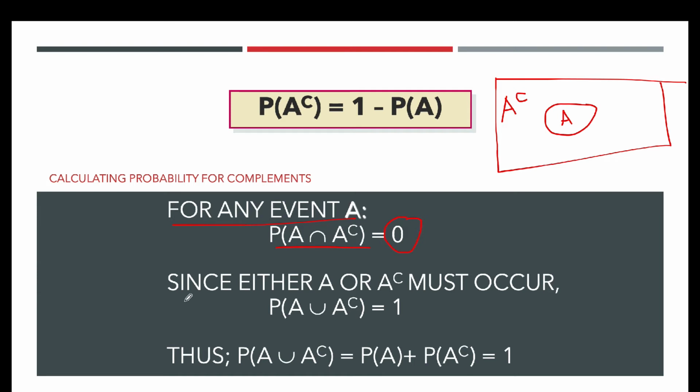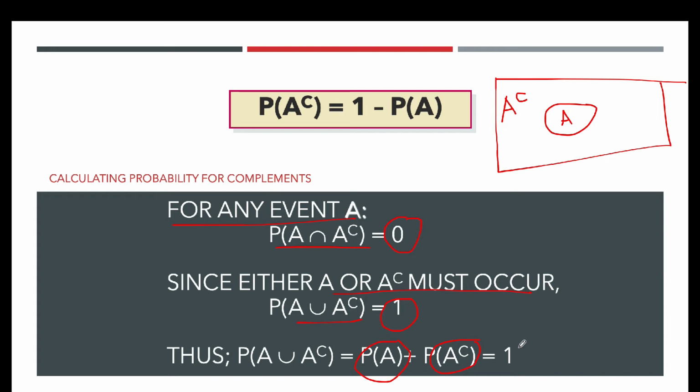Next, since either A or AC must occur, by following the third law, the probability of A union AC must equal 1. So the probability of A union the complement of A equals the probability of A plus the probability of A complement, which equals 1.